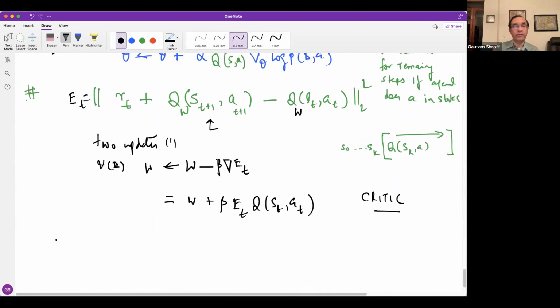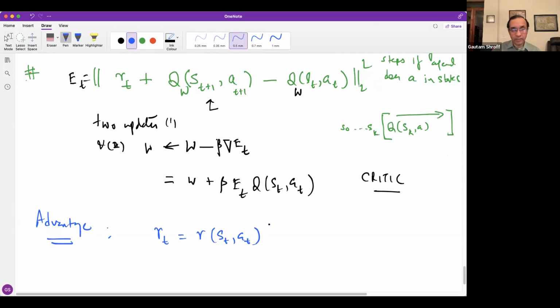One more trick, which is called advantage. And that's by a very simple observation that suppose the reward at time t is, say, reward of S_t, A_t. And suppose you could take many different actions, right?